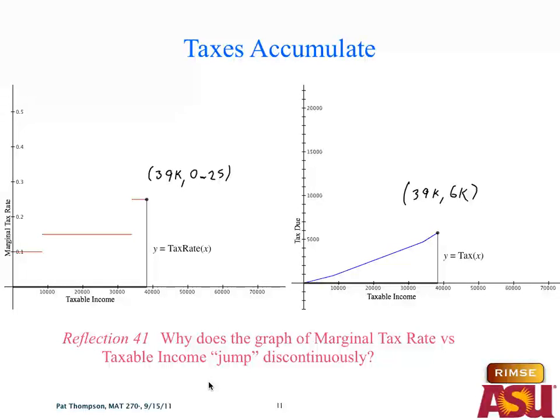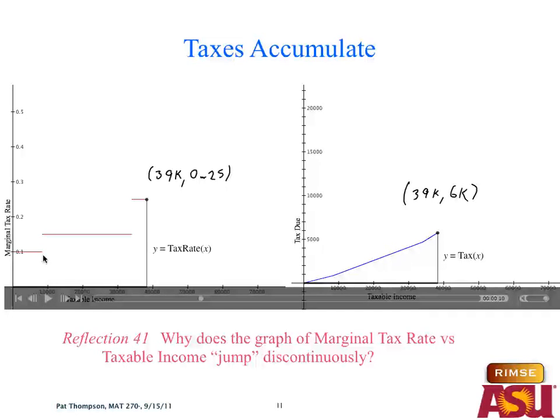Okay, why does the marginal tax rate jump discontinuously? Carter. Because as somebody reaches a new bracket of taxable income, they pay a higher marginal tax rate. It's not a constant change. As soon as you hit a certain amount of dollars, all of a sudden you're paying a higher rate.